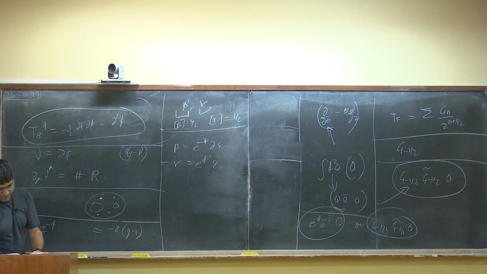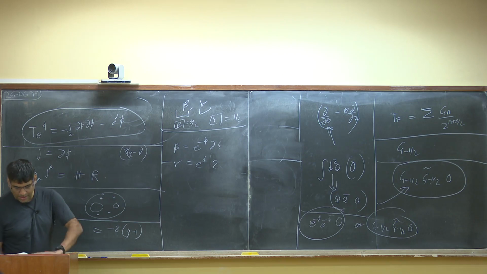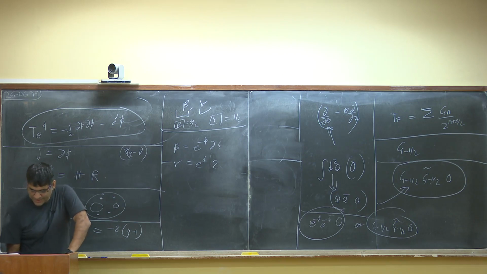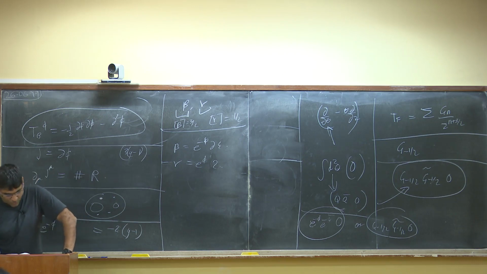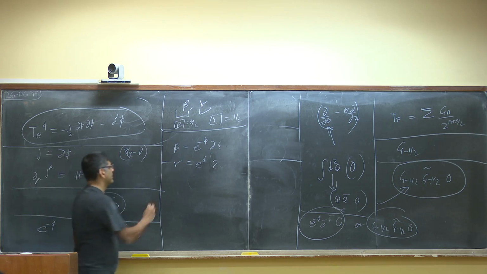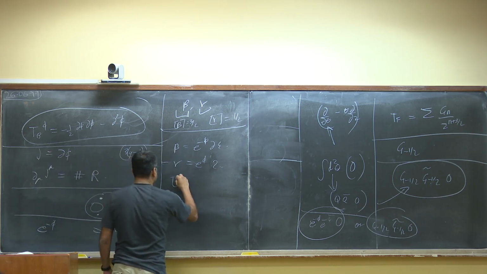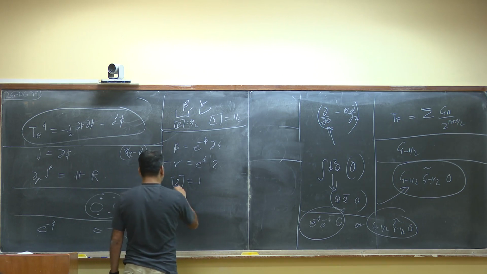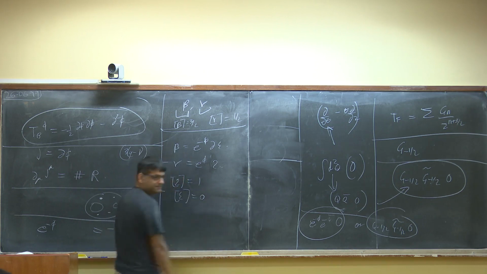You will remember, or I will remind you, that the weights: the weight of eta was 1 and the weight of zeta was equal to 0.